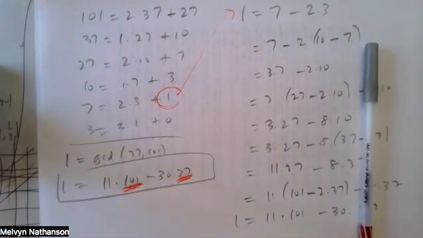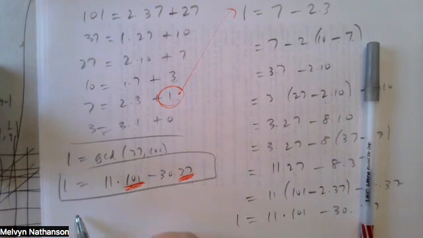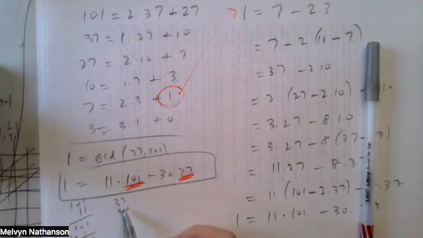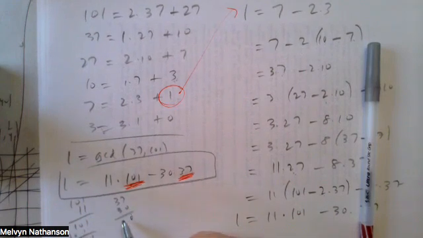Let's see. Let's just check. 11 times 101 is 1111. 37 times 30, 3 sevens are 21. 3 threes are 9, 11 is 1110.